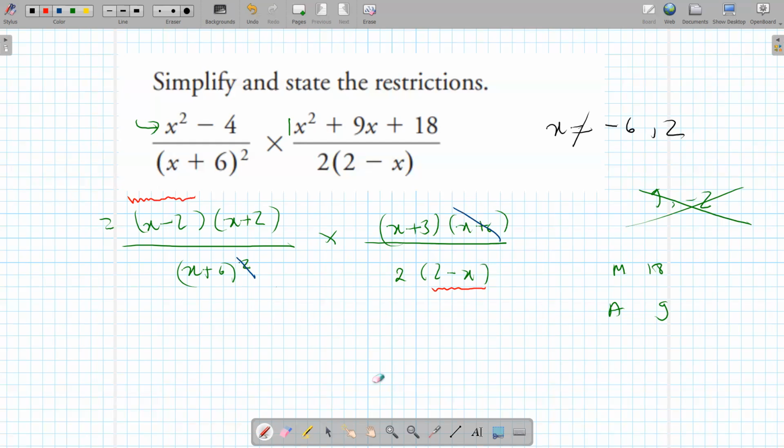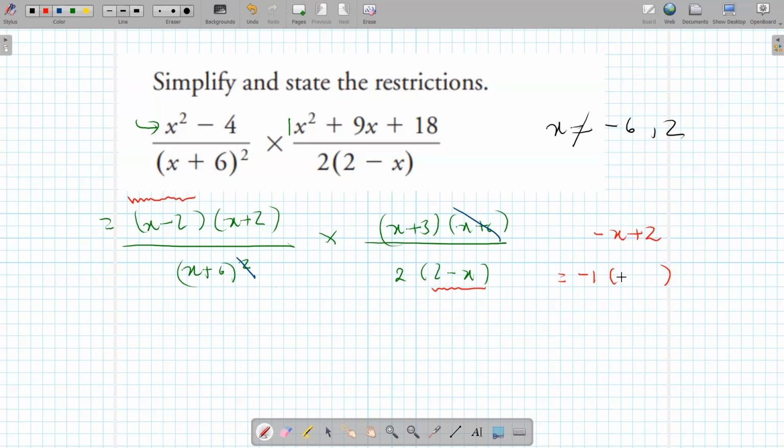Check this out. What happens if I have 2 minus x? You can even write that as -x plus 2. What happens if I take out a -1? What am I left with? x minus 2.